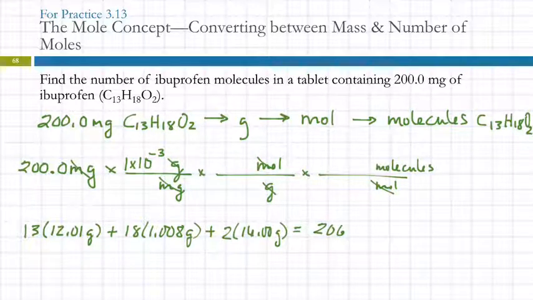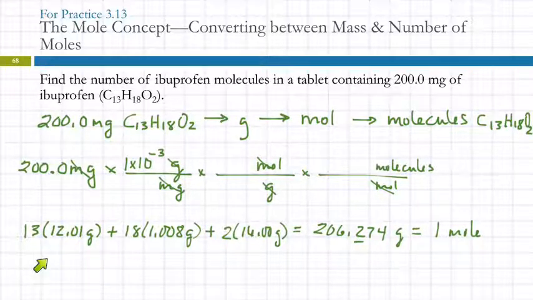So 206.274 grams of that is equal to 1 mole of that. I'm generally going to go with my molar masses had 4 sig figs. I'm going to use 4 sig figs here. But we'll see it's not actually going to matter.